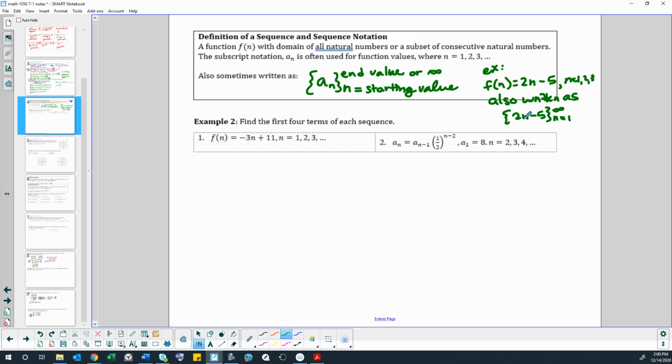That gives us the sequence. The explicit formula tells us where to start and where to end. So just a little notation that's going to be helpful when we get to section 7.2.